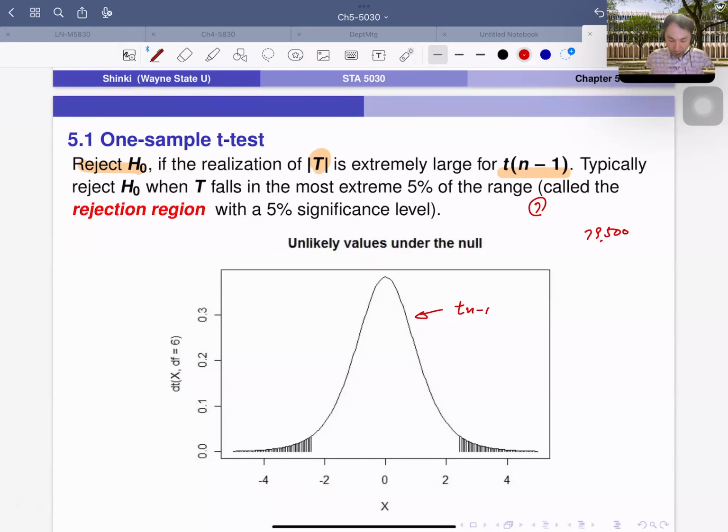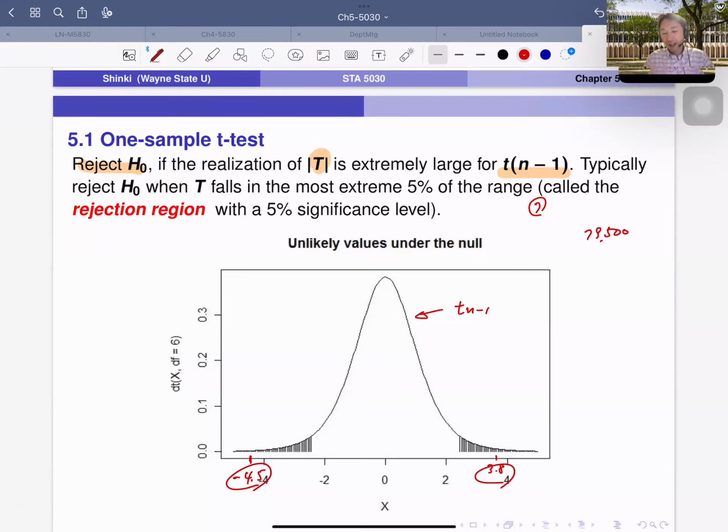If our realization of this T statistic is a really extreme value, such as negative 4.5 or positive 3.8, then it's very unlikely to happen if we assume H naught, so we reject H naught.